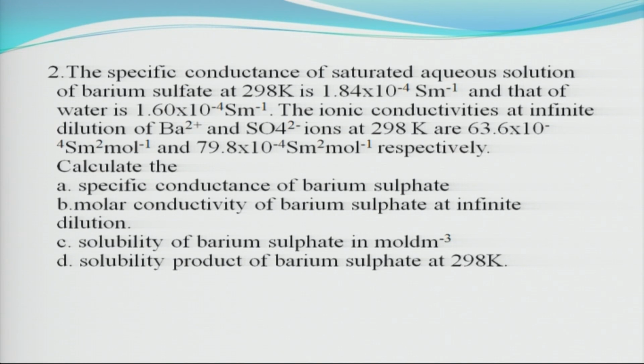So you can get the K. Then calculate the molar conductivity of barium sulfate. That is, you add the conductivity of the ions. Then you find the solubility and then you find the solubility product.